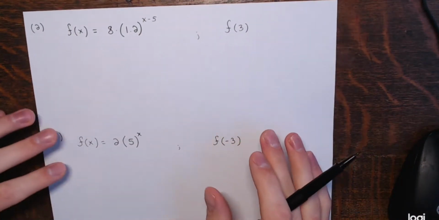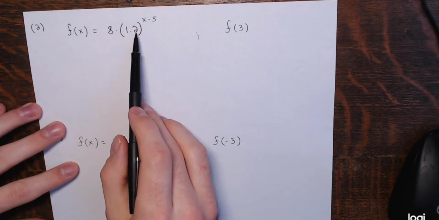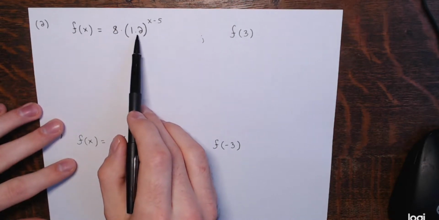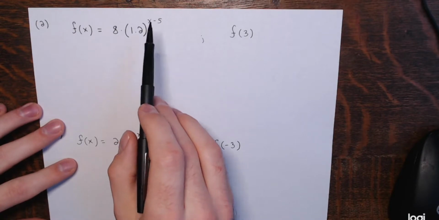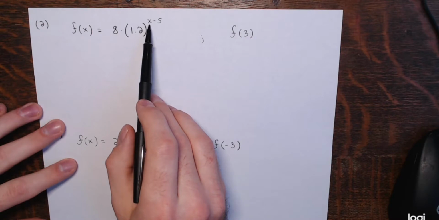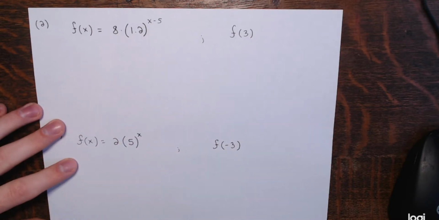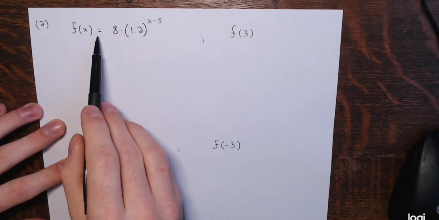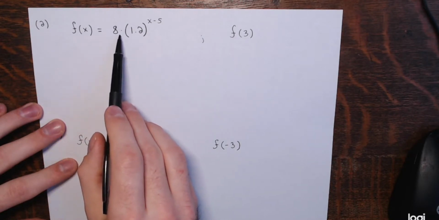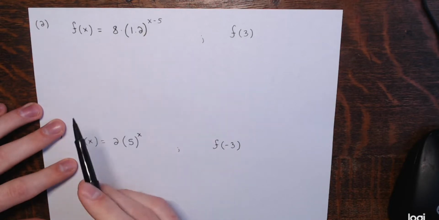So here we have another one where, again, there's going to be some base and exponent involved, where the base is a positive number that's not 1, and the exponent has a variable to the first power in it, like this x minus 5 here. So we have f of x equals 8 times 1.2 to the x minus 5 power.